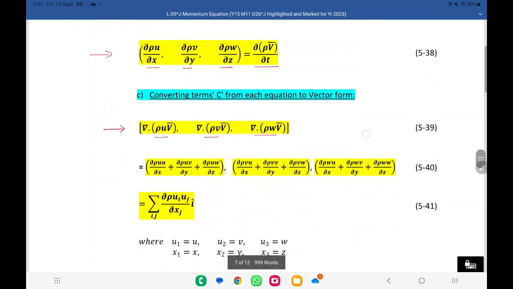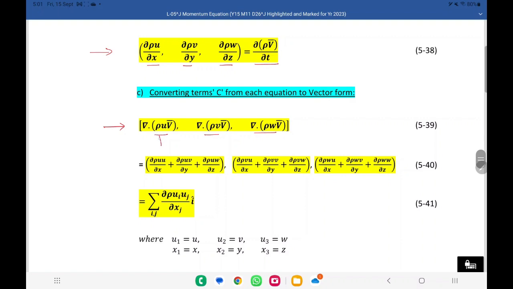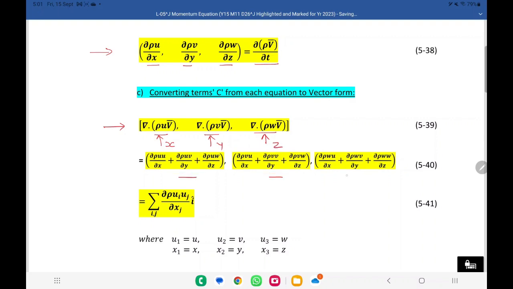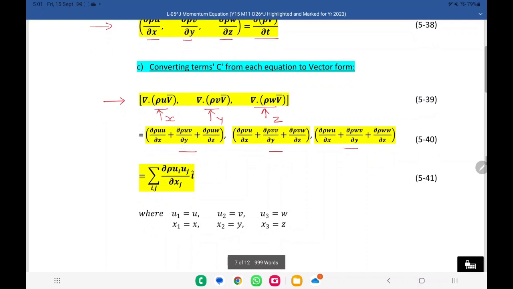Now you see that this is a sum of 3 terms, this is a sum of 3 terms, and this is also a sum of 3 terms. So in total there are 9 terms. They are X, they are Y and they are Z, 3 components. Now these 9 terms can be written like this. All the 9 terms have been put in one symbol. How?